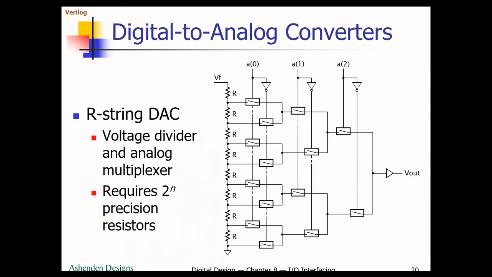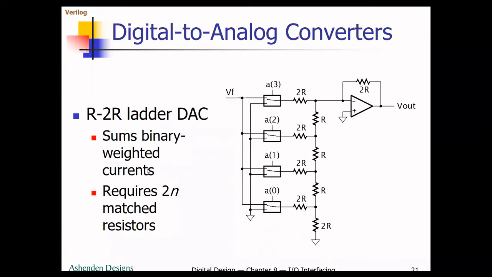The digital input is given as select lines, and the output is taken from the voltage divider circuit and given to the comparator. Finally, from the output of the op amp, you get an amplified analog output.